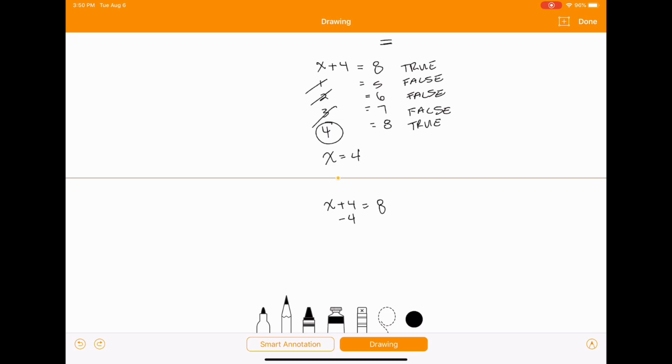So if we subtract 4 on the left side, we need to subtract 4 on the right side. And when we perform that, we're going to be left with x plus 0 equals 8 minus 4, which is 4. So x equals 4, which is what we got up here, but we got it in about half the time.